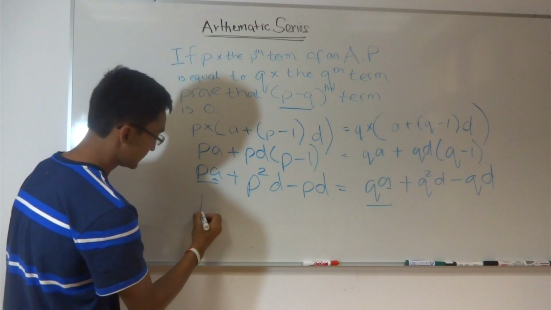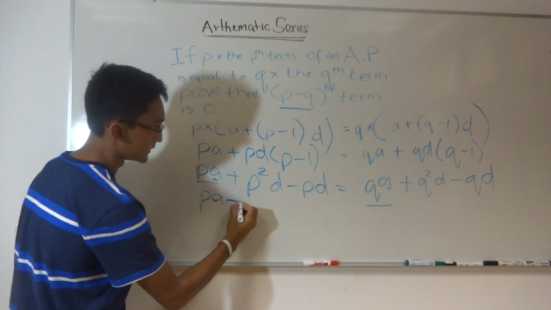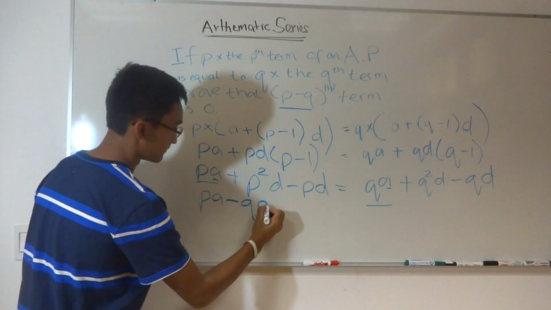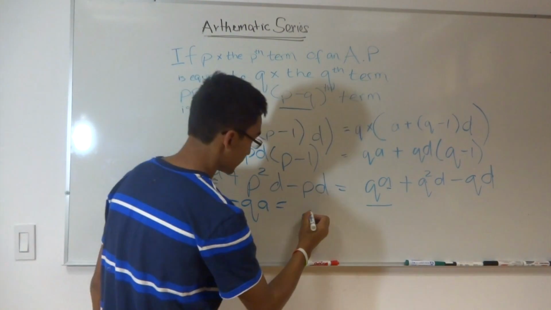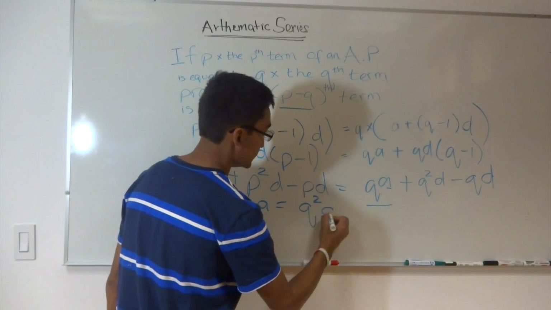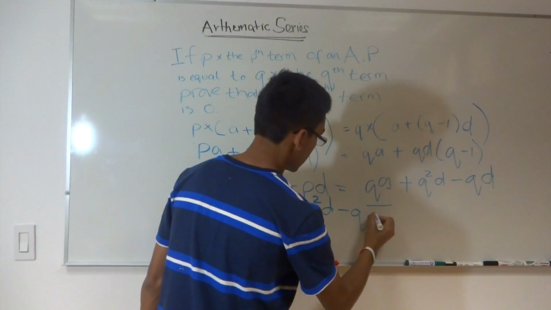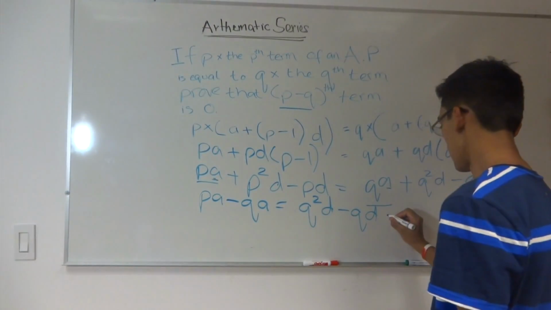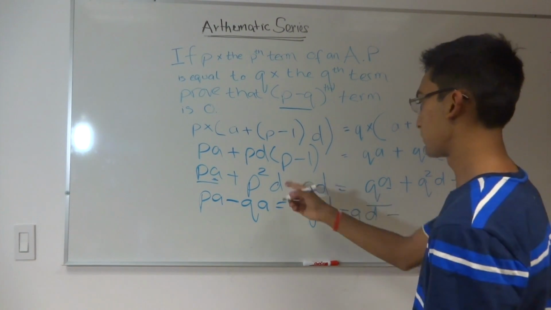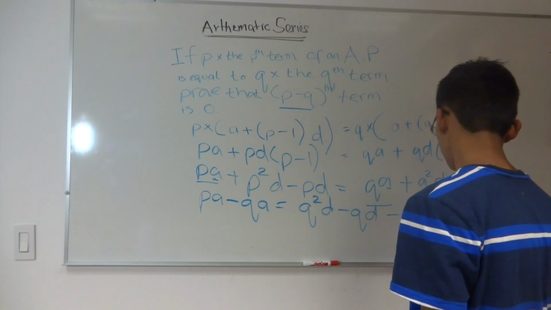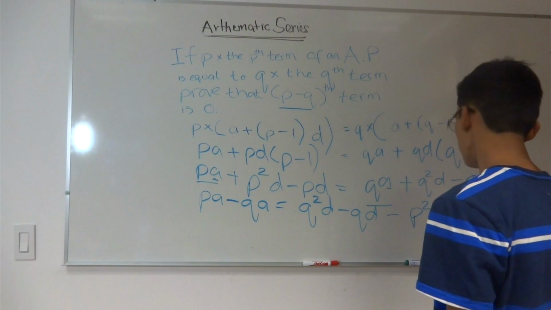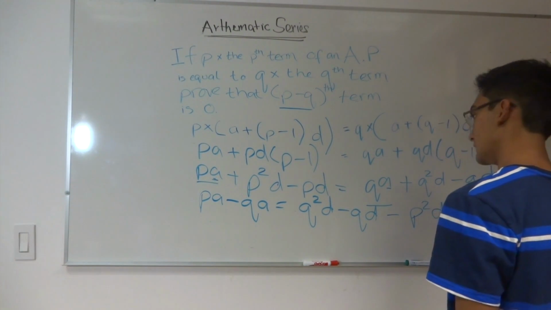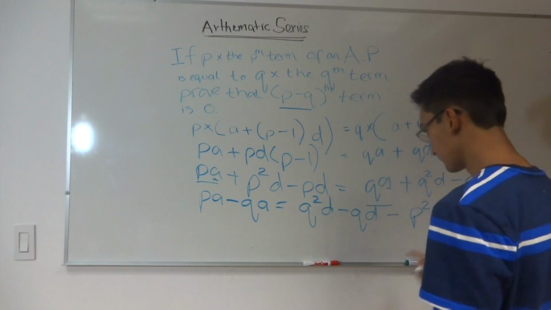So pa minus qa is equal to q squared d minus qd, that's the other side, minus p squared d plus pd.